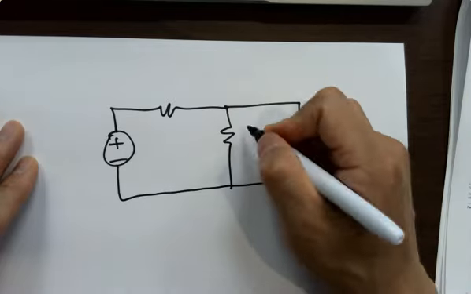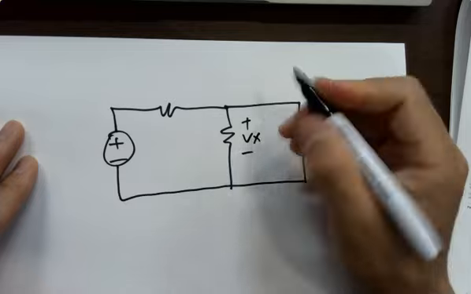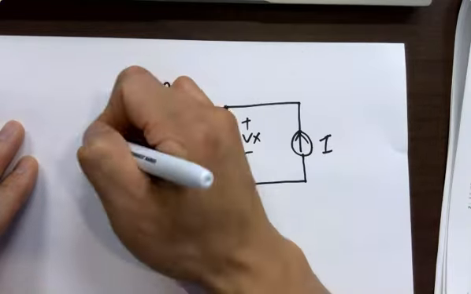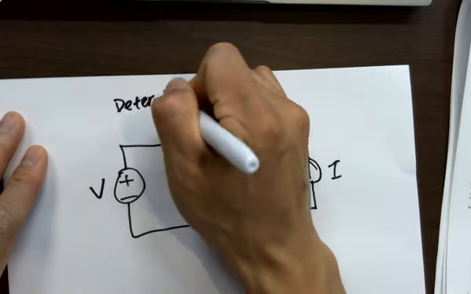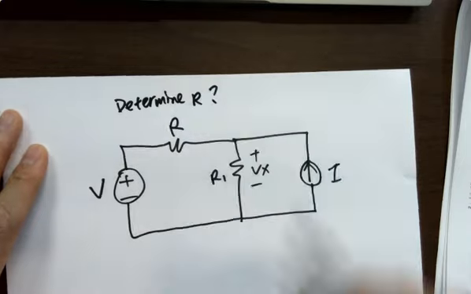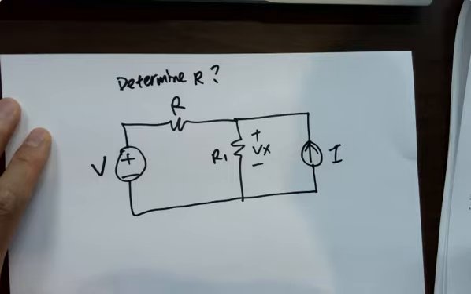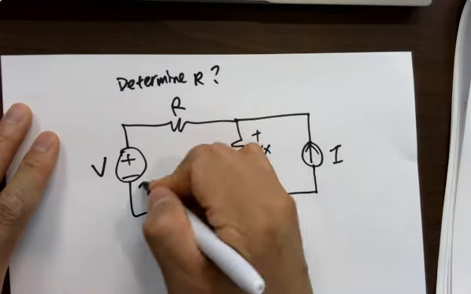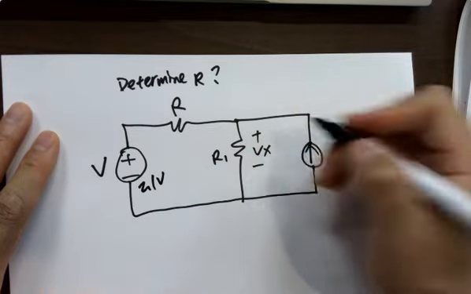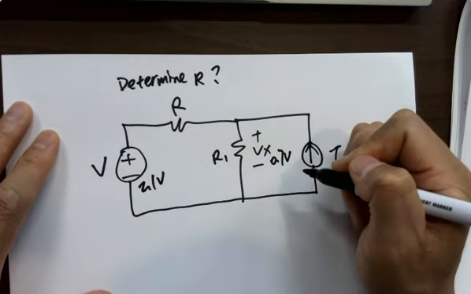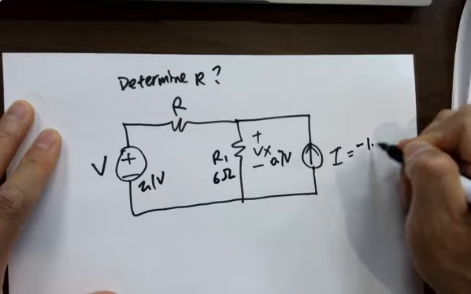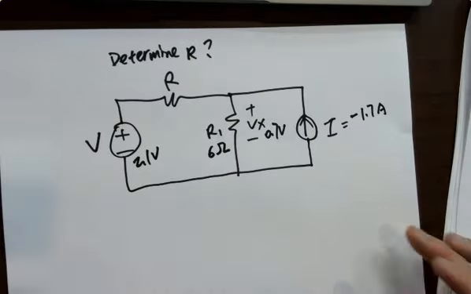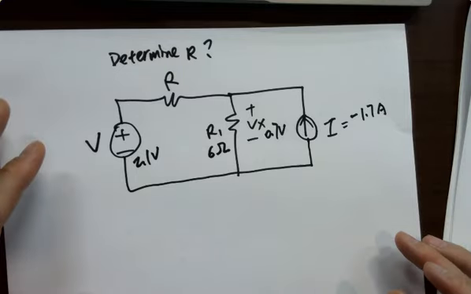I plus minus Vx is R1, R, V. Determine R. So V is 2.1 volts, Vx is 0.7 volts, R1 is 6 ohms, I is minus 1.7 amps. So what is R, given all these parameters?